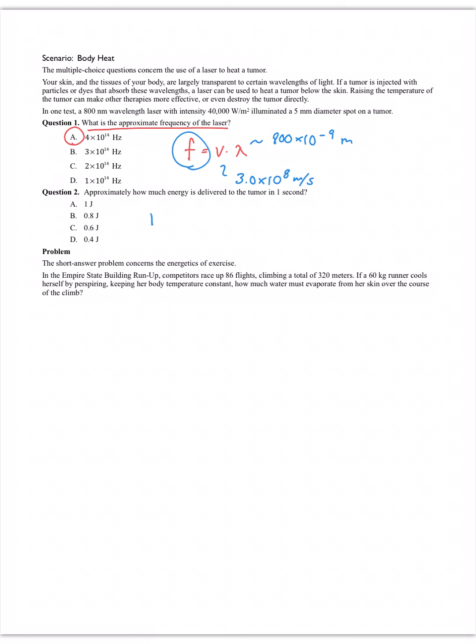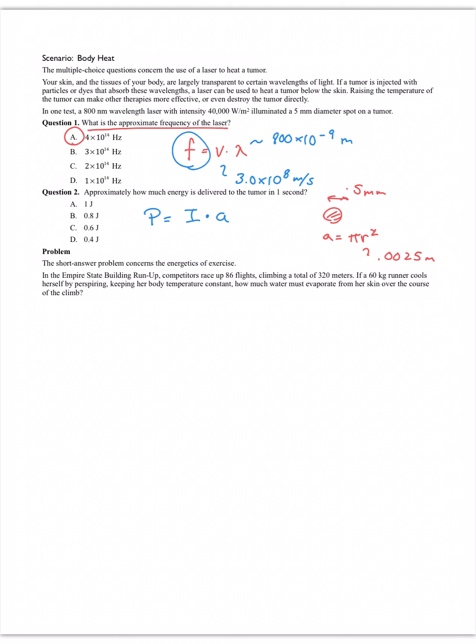Next question, approximately how much energy is delivered to the tumor in 1 second? Well, the power delivered is equal to the intensity times the area. Remember, that was our basic definition of intensity. What is the area? You're using the laser to illuminate a spot of a certain size. The spot has a certain diameter, 0.5 millimeters. So the area of the spot is pi r squared. We'll assume it's a circular spot. The radius is 0.0025 meters.